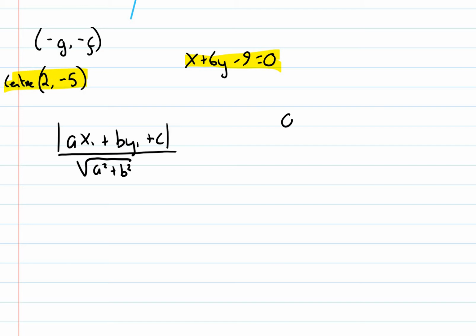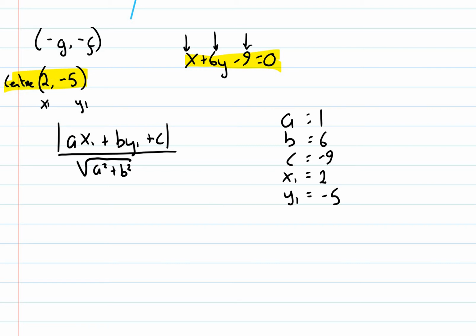Just to find out what a, b, c, x1 and y1 are, so we don't get mixed up: a is the number before the x, so that's 1. b is the number before the y, which is 6. c is that number, which is minus 9. x1 then is the 2, and here is the y1, which is minus 5.